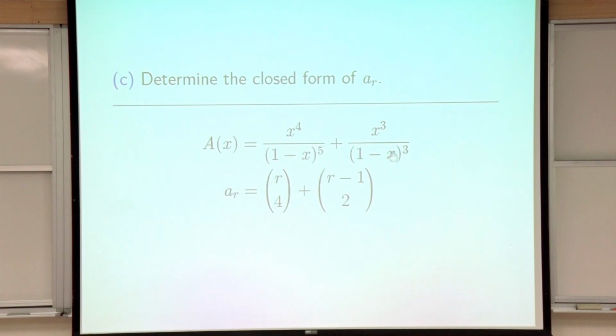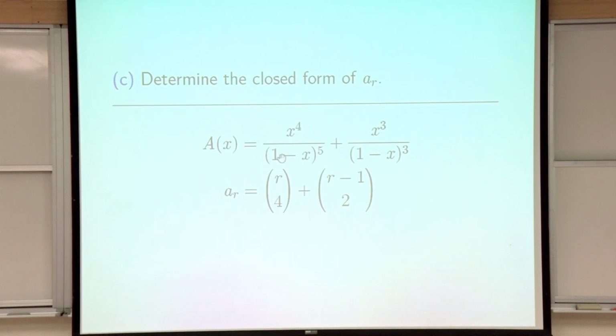So for these two generating functions, we want to get the coefficient of x to the power r. We can imagine the bottom part as a generating function for distributing identical balls into boxes. So for this part, we first move x to the power 4 out. We want to get the generating function of 1 over (1 minus x) to the power 5.